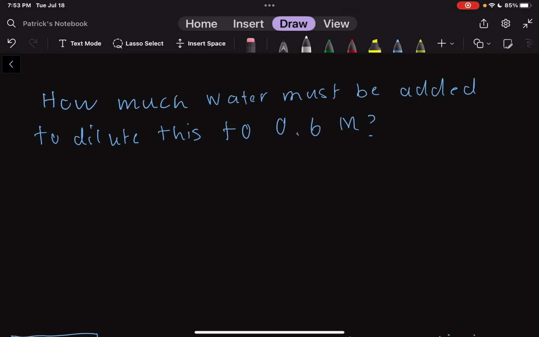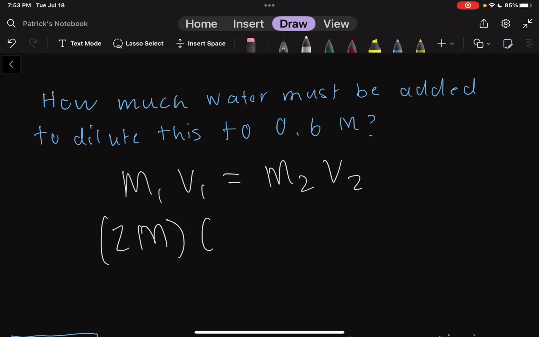Initial molarity is 2 M. Initial volume is 0.1 liters. Be sure to convert the volume into liters if it isn't already. It isn't strictly necessary to solve the problem itself, but molarity is moles per liter, so it makes sense to work in liters.